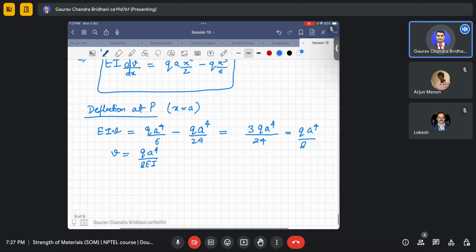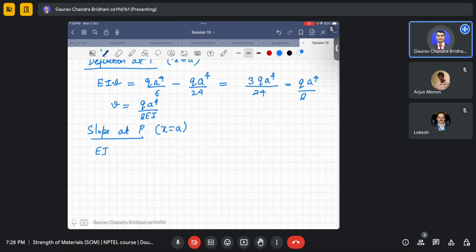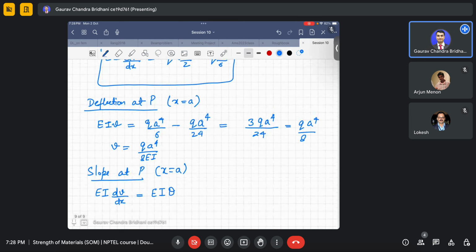Similarly, slope at x equals a. So I put EI dV by dx, and you know that dV by dx is also known as theta. The professor has mentioned it as phi also, but I prefer theta.